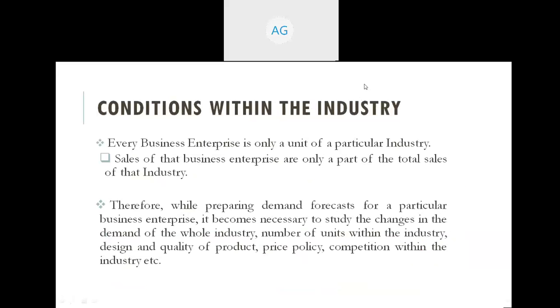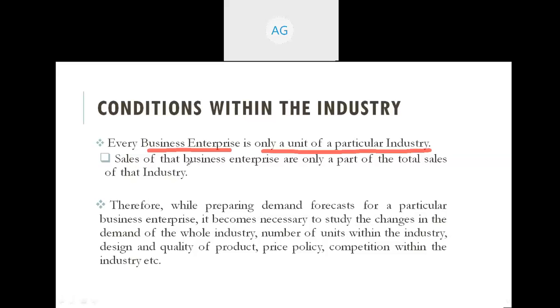So the next condition is condition within the industry. So every business enterprise is only a unit of a particular industry. As you can have a textile industry here in Bhilwara, then there are small business enterprises which are related to the textile industry.